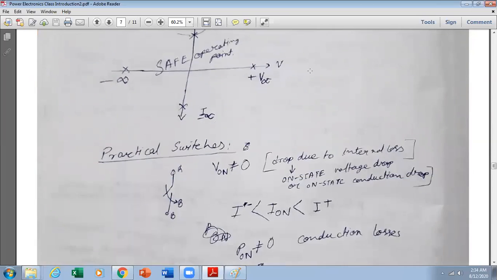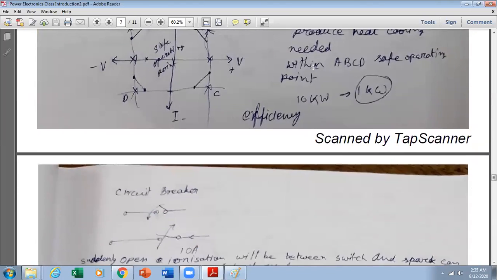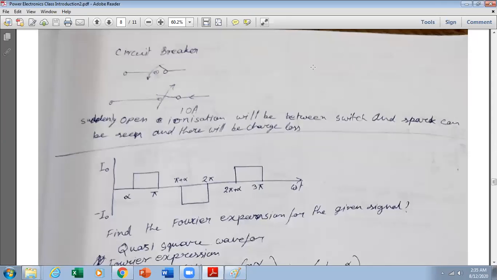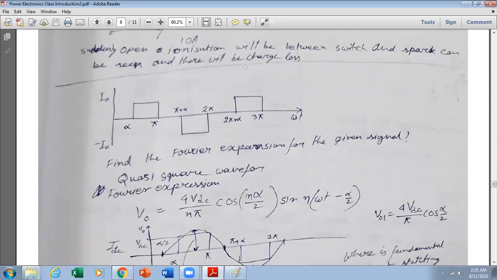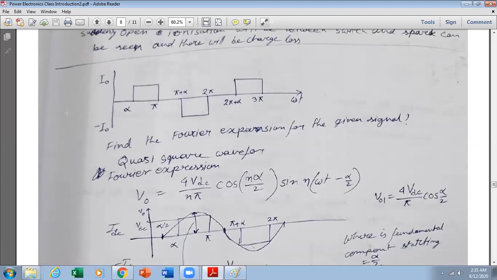Okay, so now let us discuss another thing. See, this is a problem of Fourier expansion. Here in this figure, you can see the picture of a signal, which is a square wave, but it has certain characteristics.